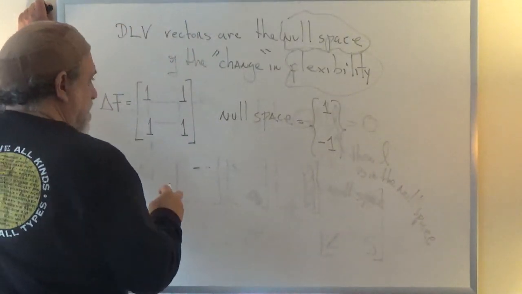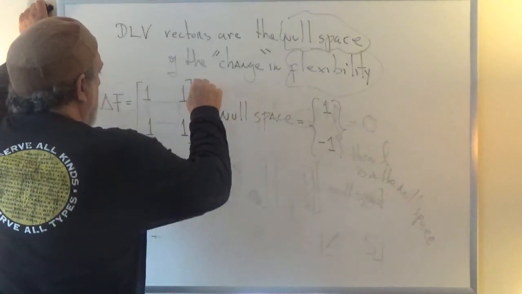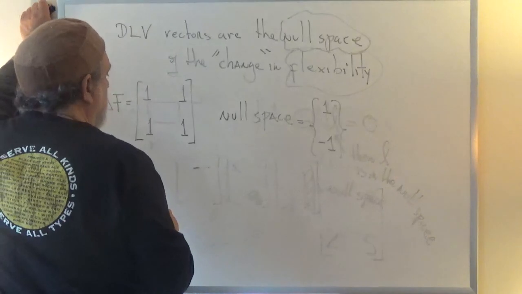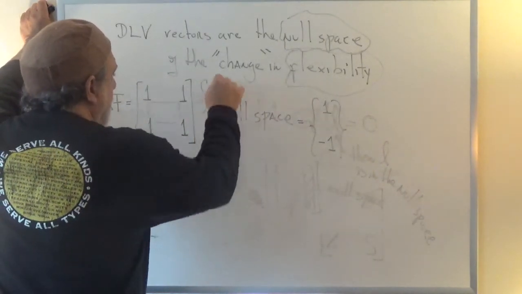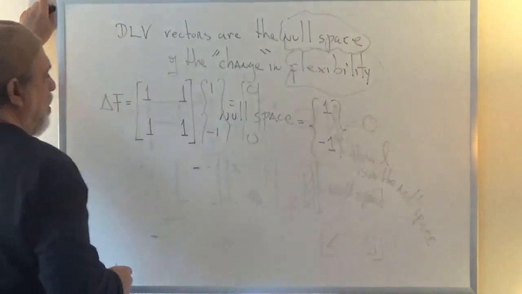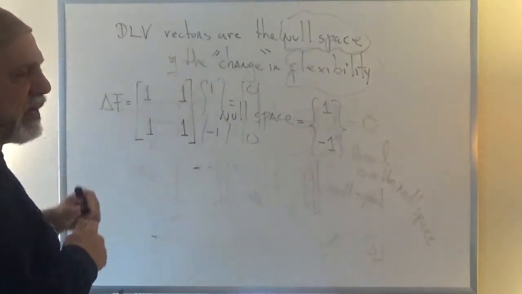Right? Because if we multiply times 1 and minus 1, we'll just get 0 and 0, right? So if we multiply the matrix times 1 and minus 1, we get 0, and that's the definition of null space, right?